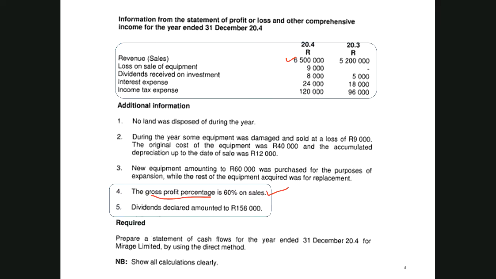So in other words, if sales are 100%, then cost of sales is going to be 40%, because gross profit, they tell me, is 60. Okay, so gross profit is 60% of sales.